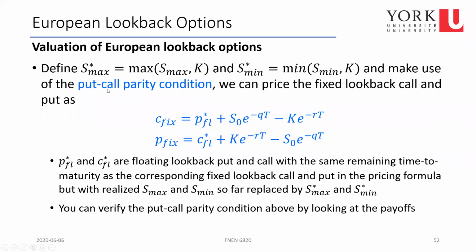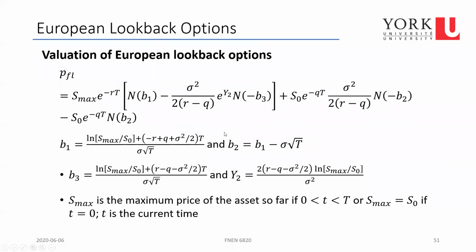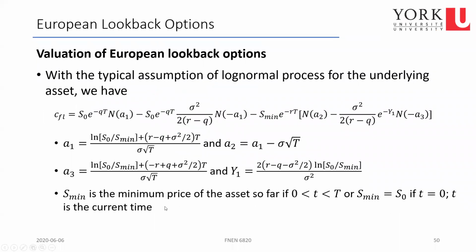To use the put-call parity condition to price the fixed European look-back option, from the price of the floating European look-back option, you have to make a substitution. Remember, in the pricing of a floating European look-back option, you need to use either S-min or S-max.